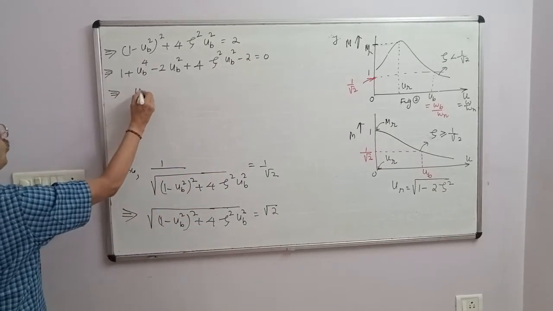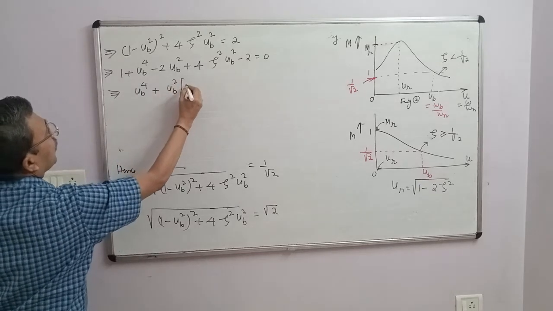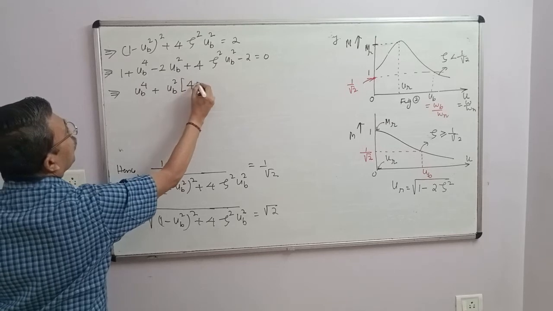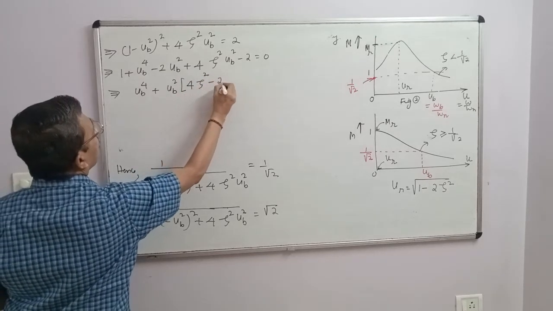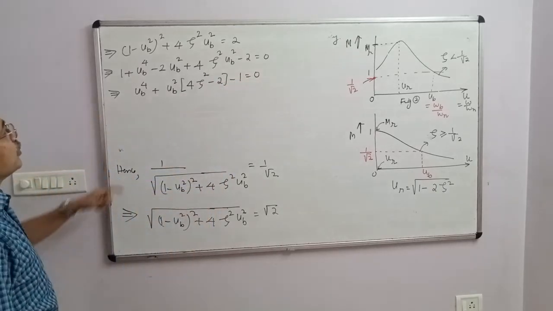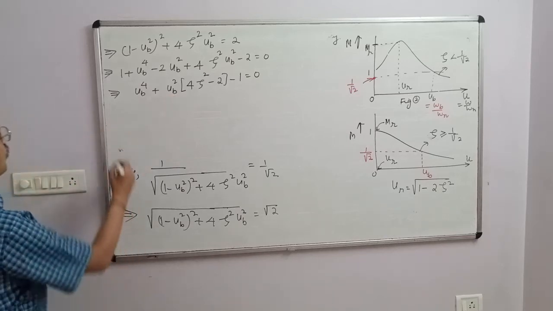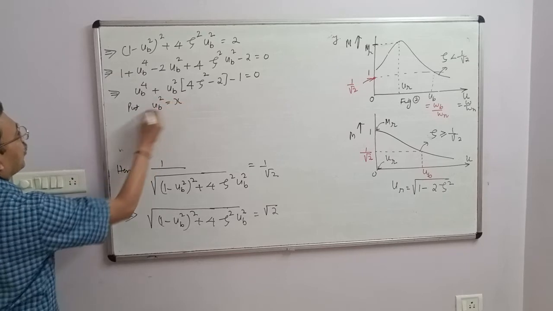This implies ub to the power 4 plus ub square, if you take common, you get 4 zeta square minus 2, minus 1 equal to 0. Put ub square is equal to x.